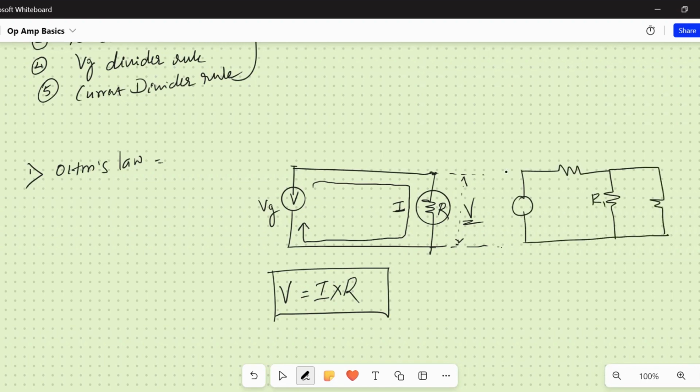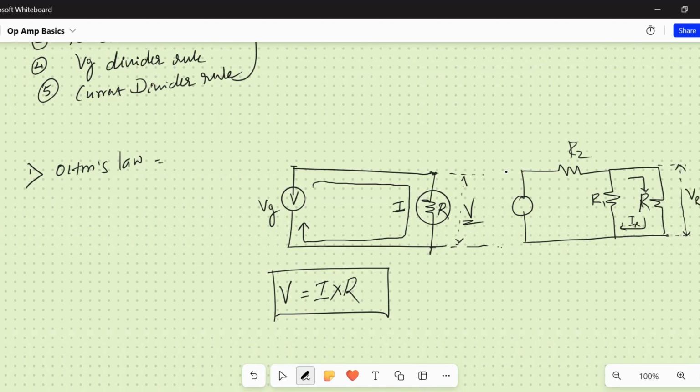So this is R1 and R2, and this is something called R. For example, the current through this particular portion is called I small r, and the resistor is R. Whenever there is a flow of current through the resistance, there is a voltage drop, so you can mention the drop as VR.